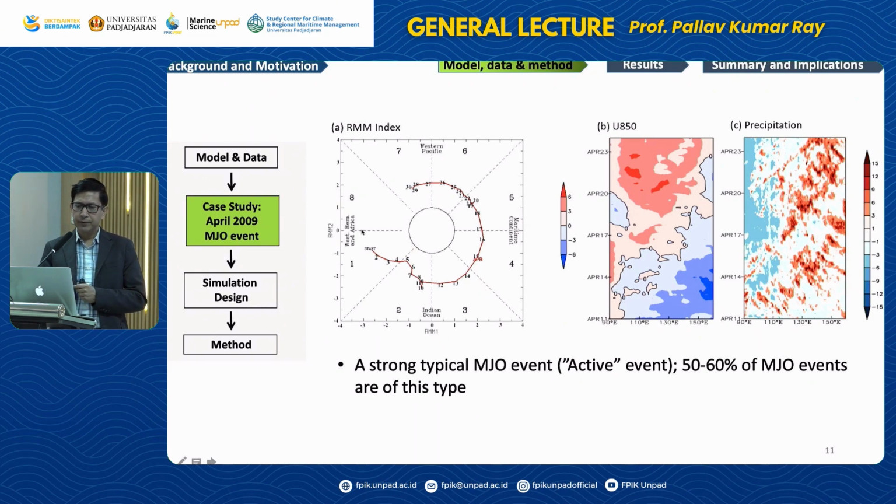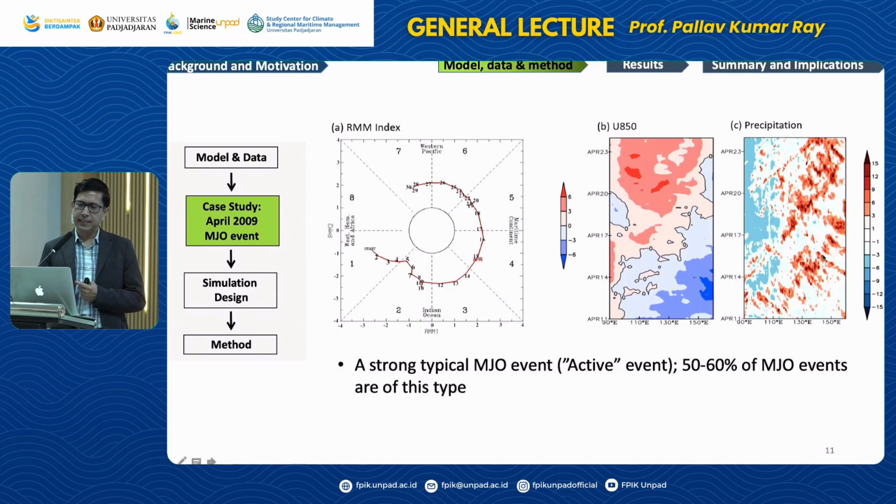If it goes around outside this circle, that means it is a strong MJO event, and if it goes throughout it, then the MJO was able to propagate throughout the maritime continent. So it didn't get stuck in the maritime continent.